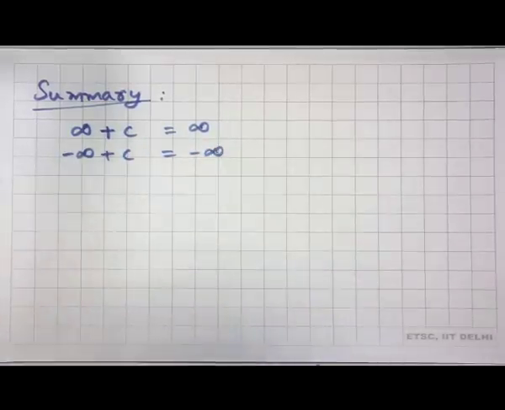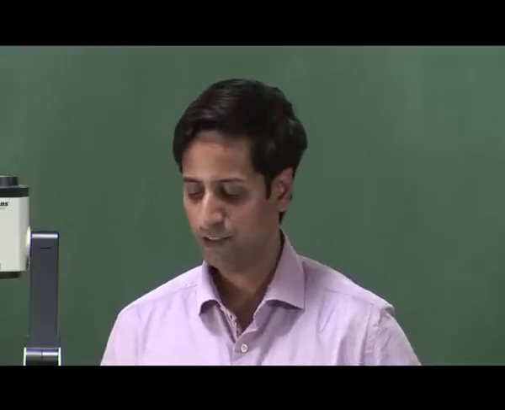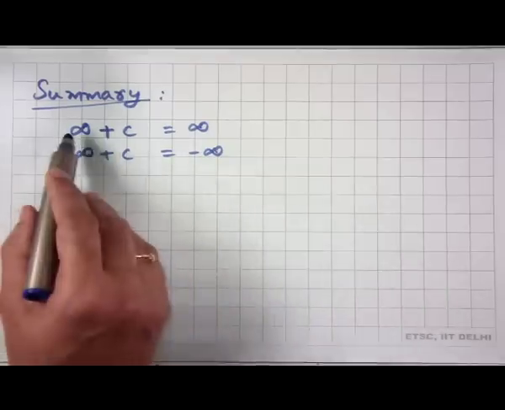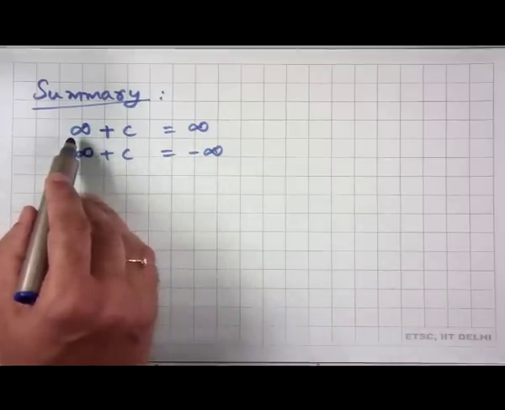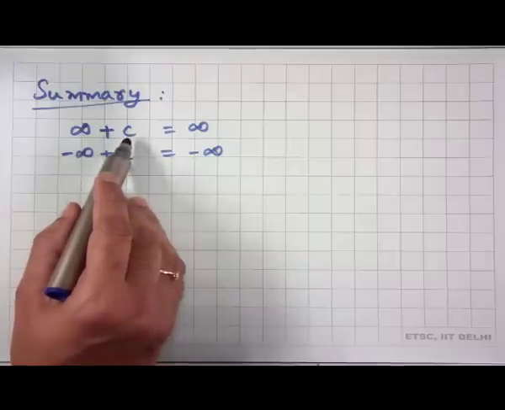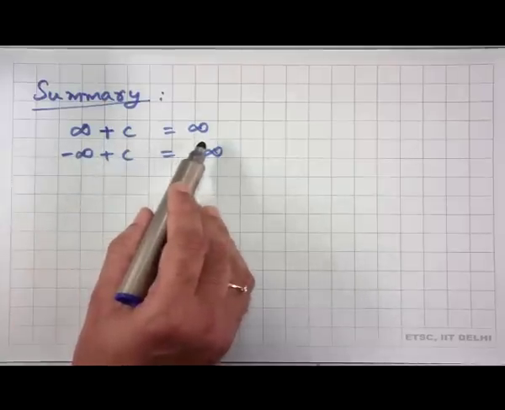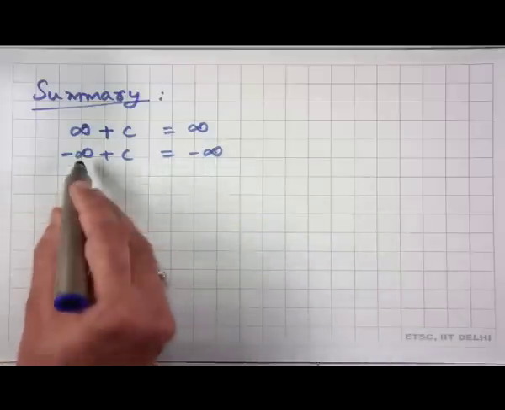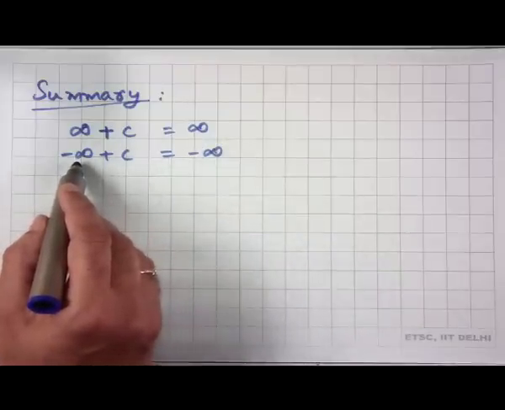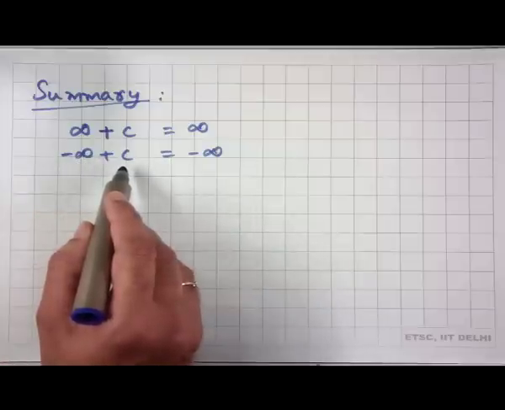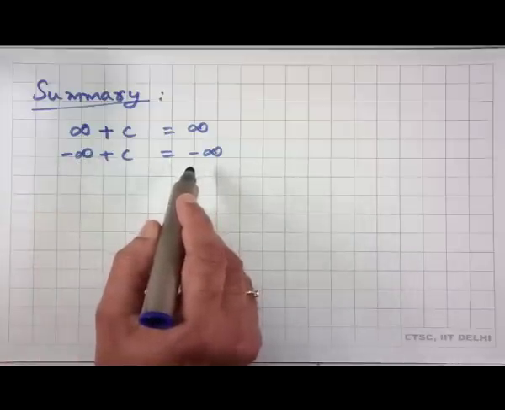Note that these are just notation to say that if the limit of one function is infinity, another is a constant c, then this sum is infinity. Similarly, the limit of one function is negative infinity, limit of another function is a constant, then the limit has to be negative infinity.